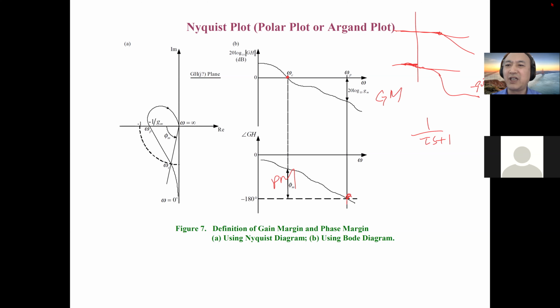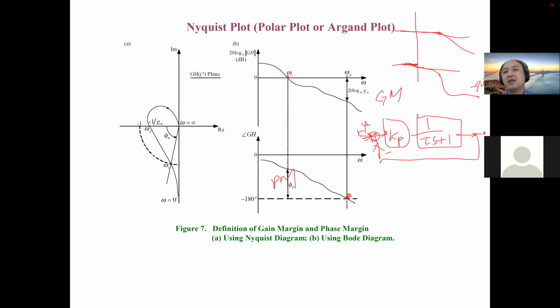So you will never hit minus 180, never hit. So the omega GC is infinity. So in other words, I put a system in here, I put a KP in here, I close the loop.